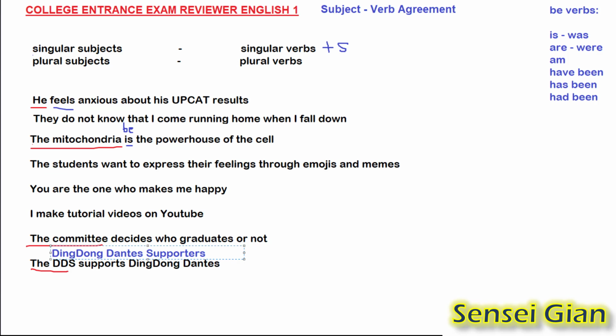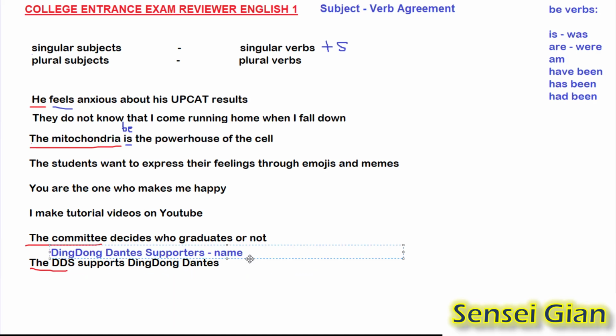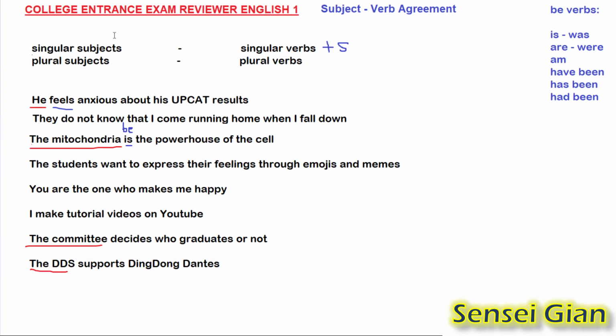Are you familiar with that? So Ding Dong Dantes Supporters is the name of an organization. If it's a name, it means that it only counts as one. Even though it has an s here, it's not plural. It actually is singular. So singular subjects, meaning they only count as one, have singular verbs, meaning it's plus s for their verbs.